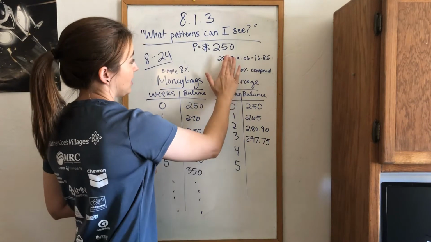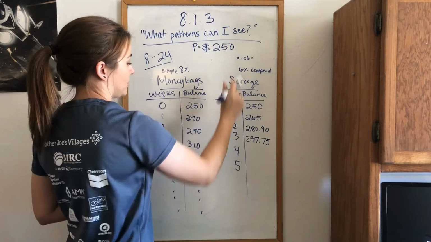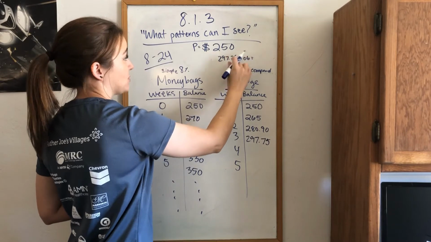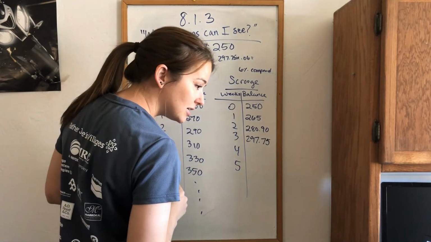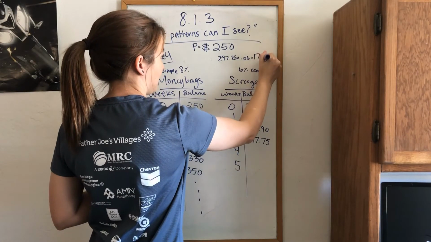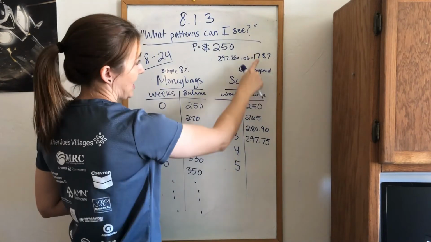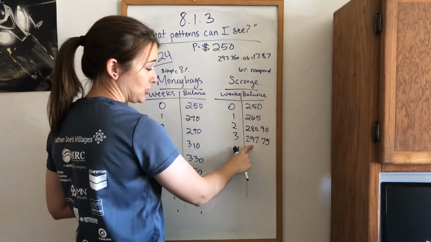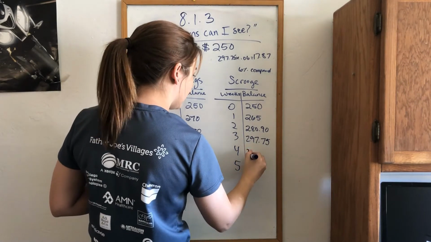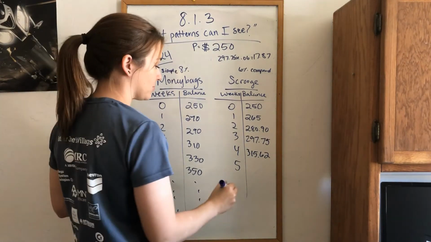Same thing: 297.75 times 0.06, I got 17.87. Then if I add 17.87 plus 297.75, I get 315.62. Obviously a calculator is going to come in handy for this one.